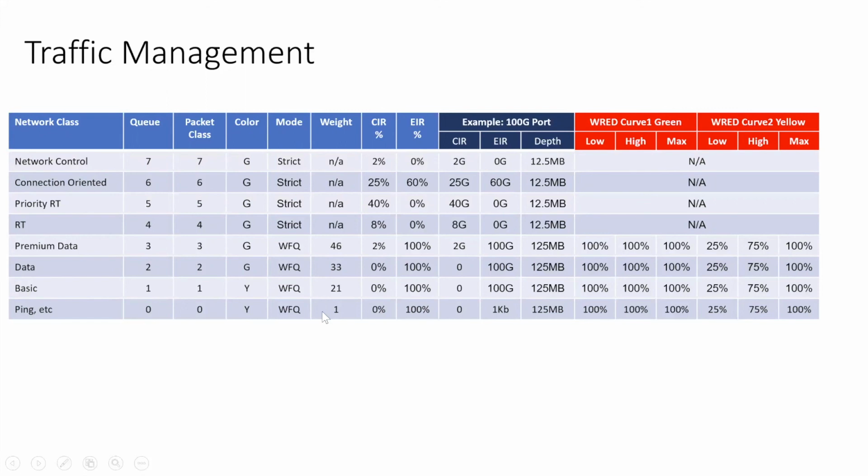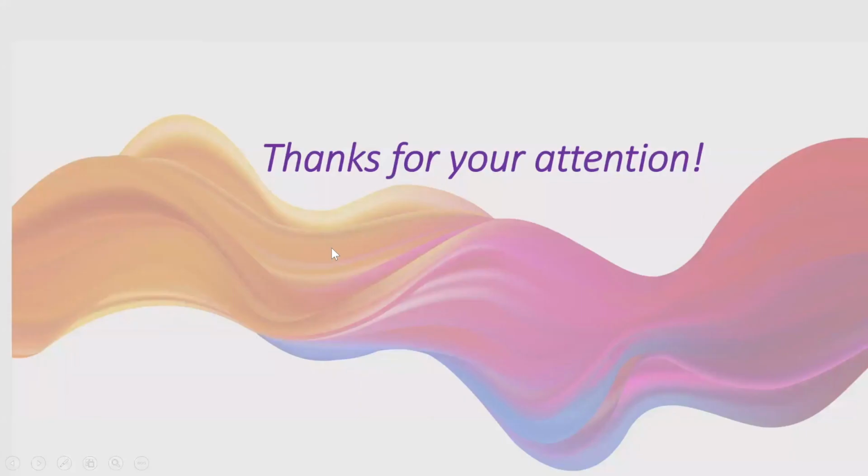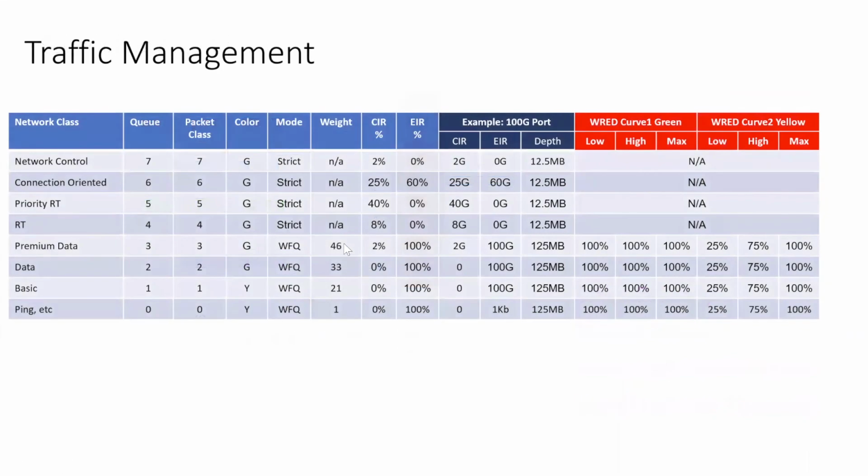And then these are the weights that we're using for our weighted fair queuing. So we're saying that tap point 3 has a weight of 46, 2 has 33, 1 has 21, and 0 has 1.